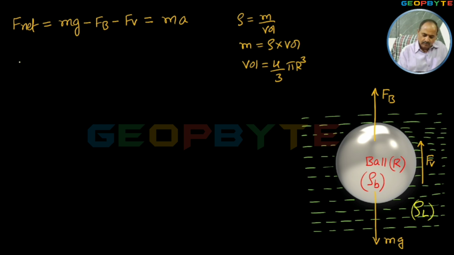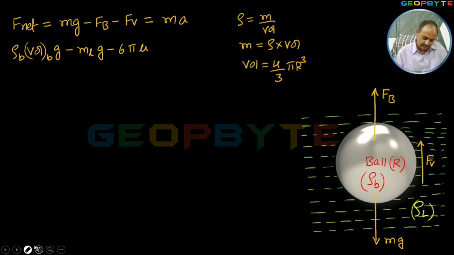Now in the place of m, I can write density of the ball into volume of the ball, multiplied by g, minus buoyant force, which equals mass of the liquid multiplied by g, minus the viscous force, which equals 6 pi mu r v, where r is the radius of the ball.